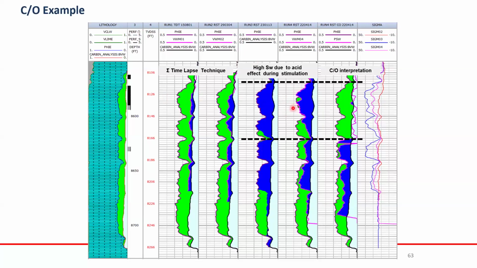So we run RST sigma logs. It gives you all water because all this is affected by acid. Okay, but when you run carbon oxygen, it shows you that the top part is still oil, because the carbon oxygen differentiates only between oil or water, right? It doesn't get affected by acid, so it doesn't give you an acid effect in this one. But this one still has water, right?